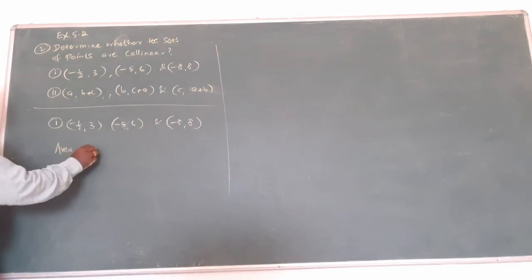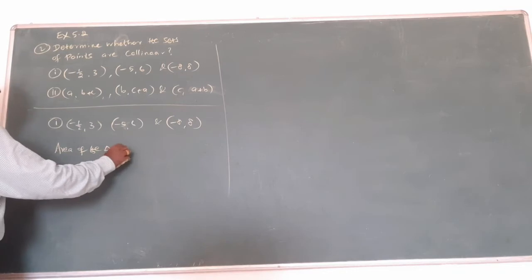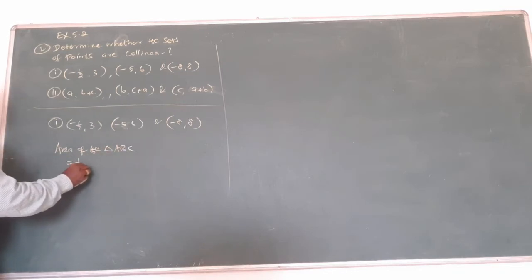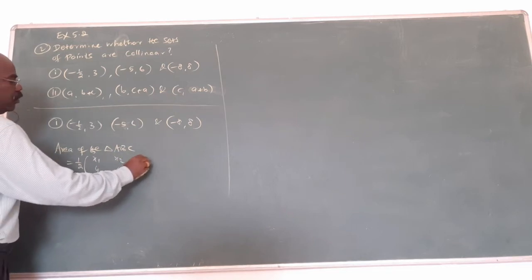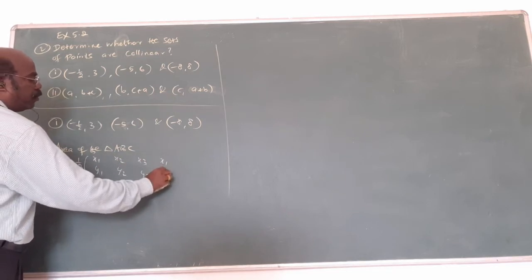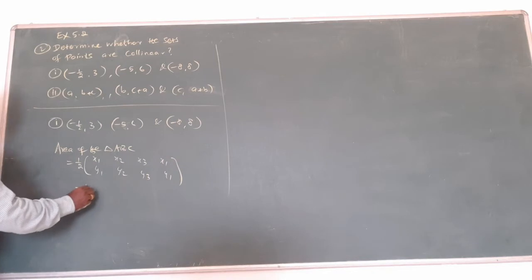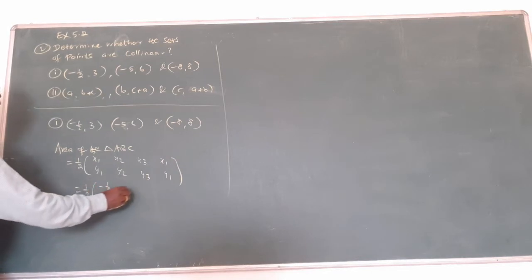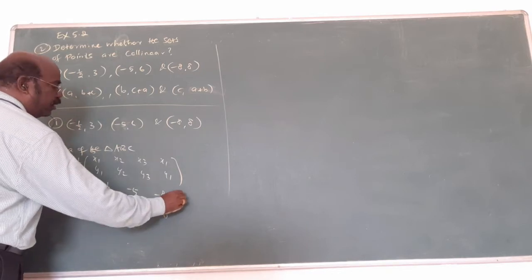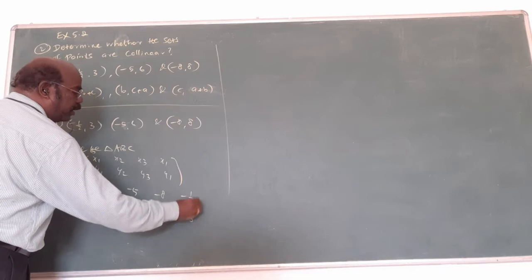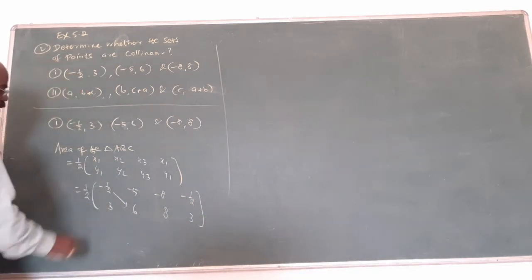Now, take the formula. Area of the triangle ABC. What is the formula? Half into x1 y1, x2 y2, x3 y3, again x1 y1. Substitute the points here. Minus half into 3 here, minus 5 into 6 here, minus 8 comma 8, again minus 1 by 2 comma 3. Am I right? Now what is it?